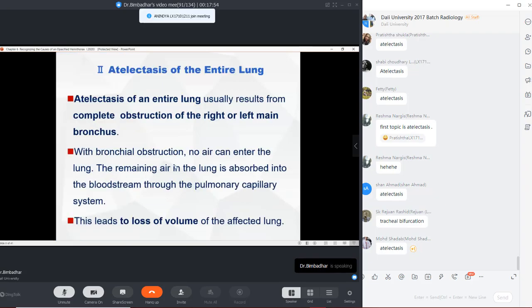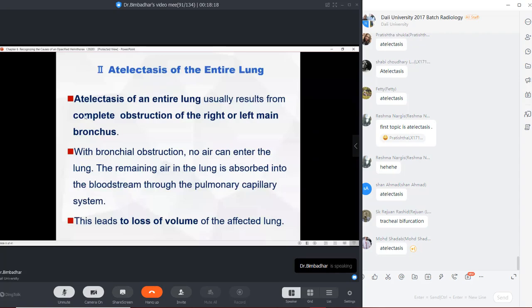Atelectasis of an entire lung actually results from a complete obstruction of the airway. Atelectasis, the collapse of the lung, or a collapse of a segment, or a collapse of a lobe, happens because there is an obstruction to the bronchus that is supplying air to it. As simple as that.